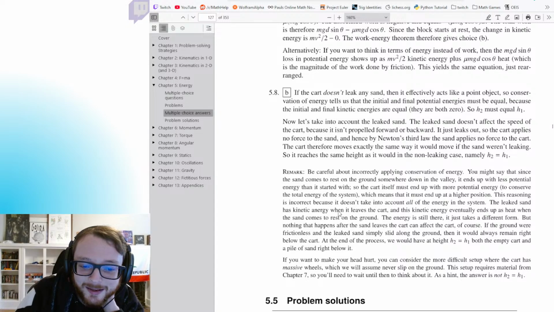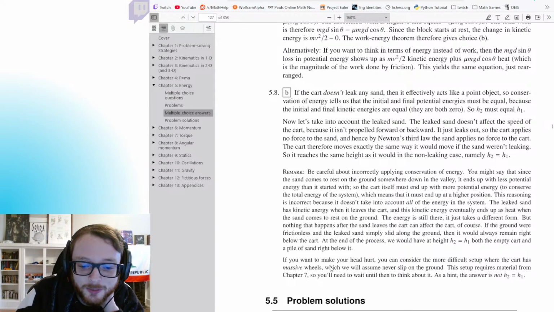The leaked sand has kinetic energy when it leaves the cart. Its kinetic energy eventually ends up as heat when the sand comes to rest on the ground. Oh, and if I want to make my head hurt, you can consider the more difficult case where the cart has massive wheels, which we assume will never slip on the ground.